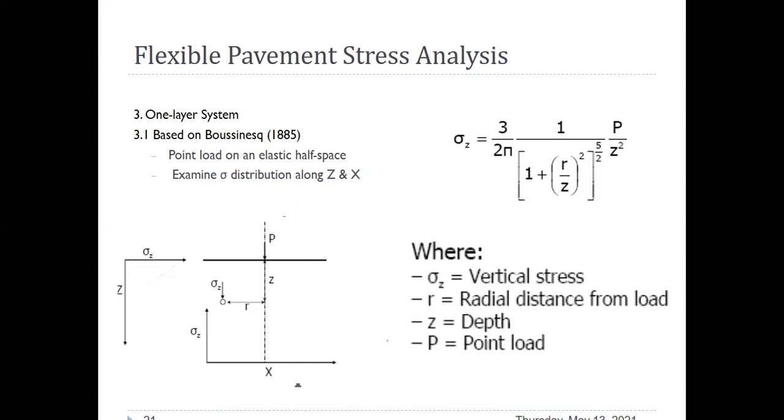Consequently, R over Z will also be 0, and you calculate the point directly below with sigma Z. If R is 0, the stress at this point will simply be 3 over 2 pi times P over Z squared, where sigma Z is the vertical stress, Z is the depth, and P is the point load.